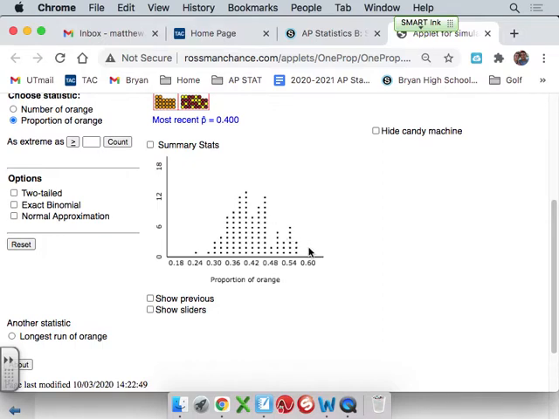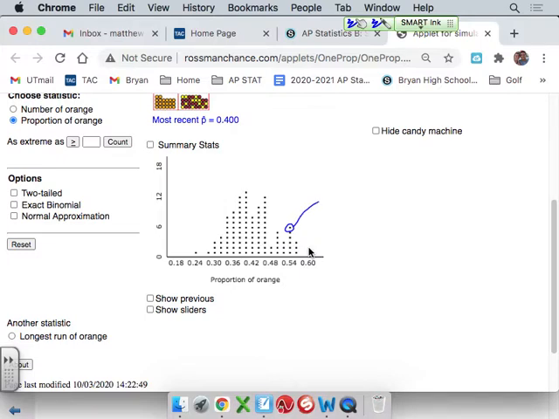A way to put this is, I think number 9 asked this on there: what does a dot represent? What does each dot represent? What does this dot represent right there?